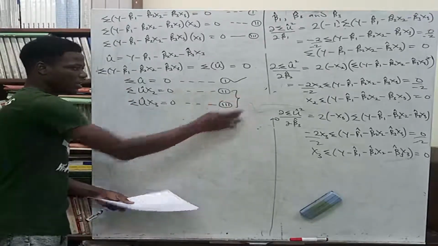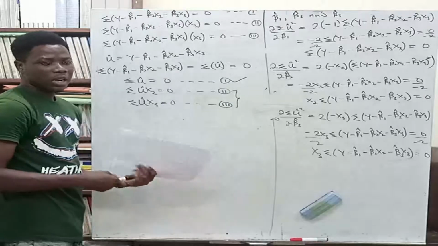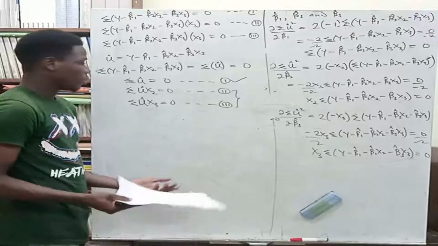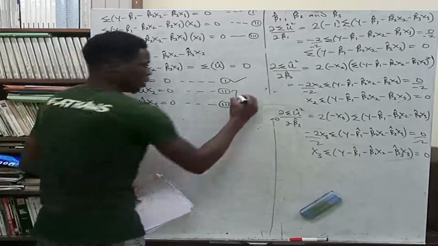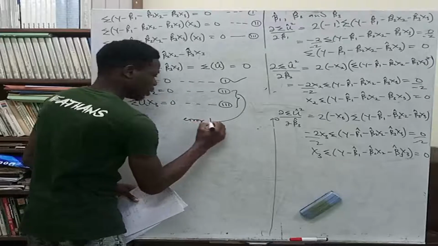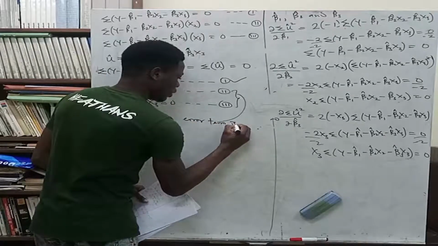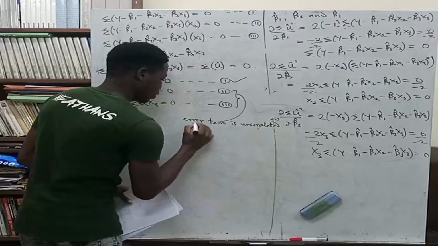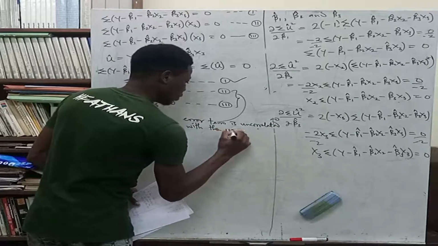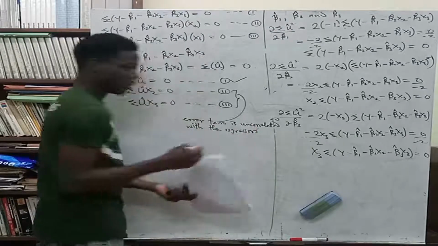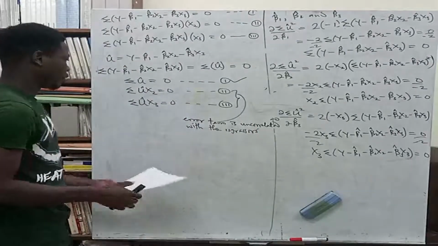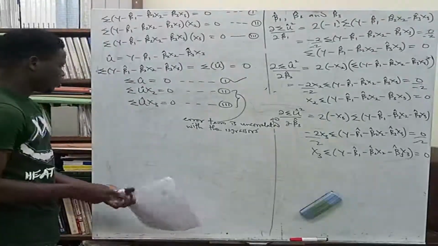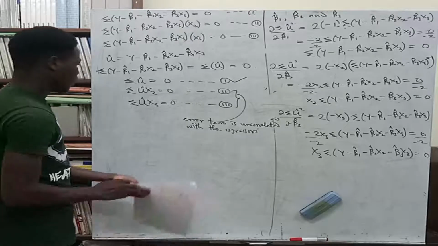Then this too helps us prove one of our assumptions, that the error term should be uncorrelated with the regressors. And what are the regressors in this case? The regressors are x2 and x3, while the dependent variable, the regressand, is y in this case.